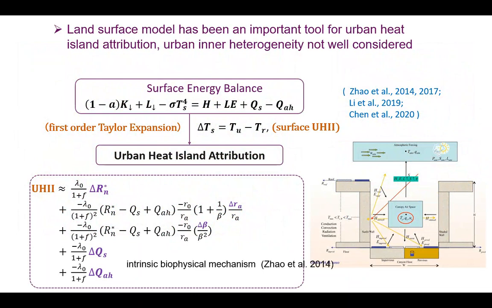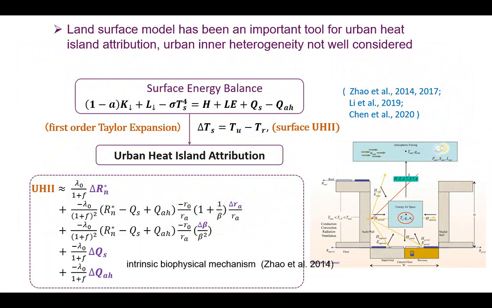Thanks to a lot of previous studies, especially Dr. Li Zhao and Dr. Stanley, who is here in this room, we now have a very useful tool for urban heat island attribution based on land surface models. Basically, this method expands the surface energy balance equation using first order Taylor expansion, and then the contribution factors to urban heat island can be split physically.